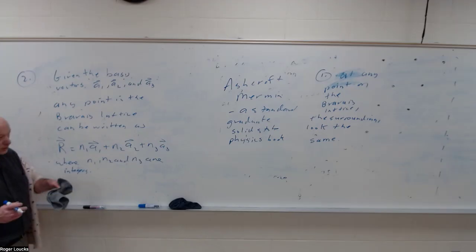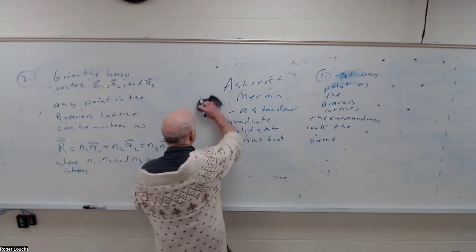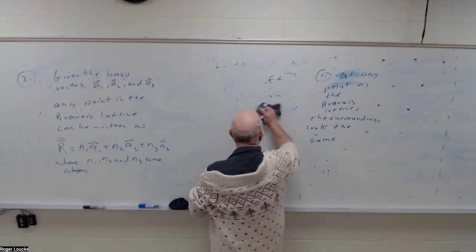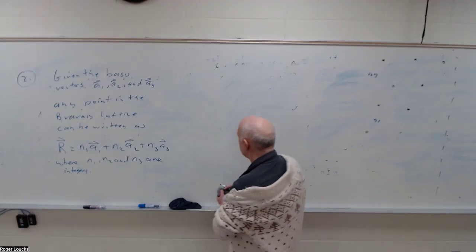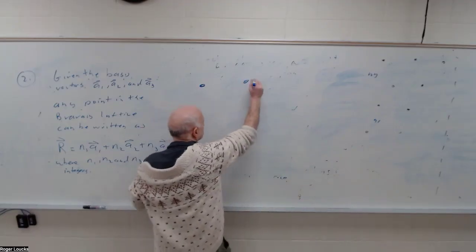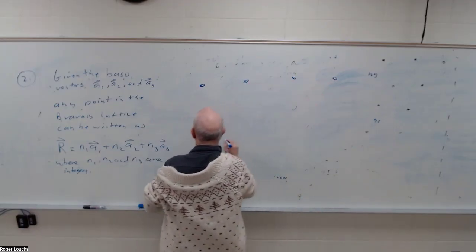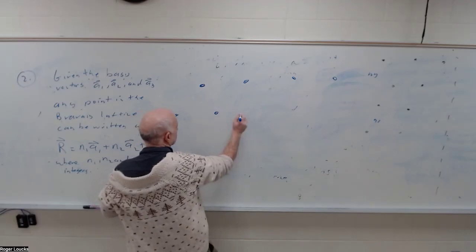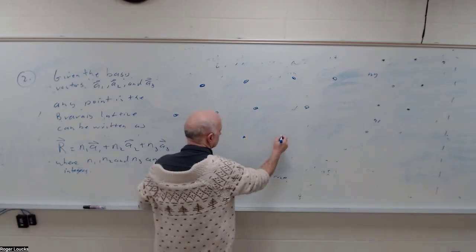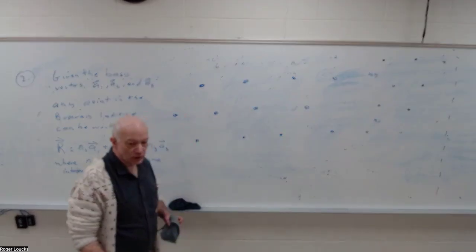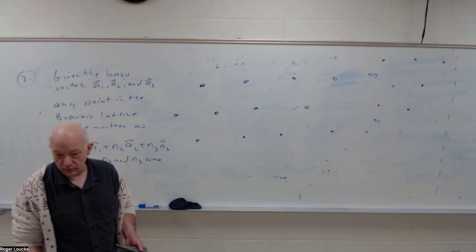Okay, so let's see what this means here. I'm going to draw this point here like this again. I'm going to pick some point. It doesn't matter really where I'm going to start.